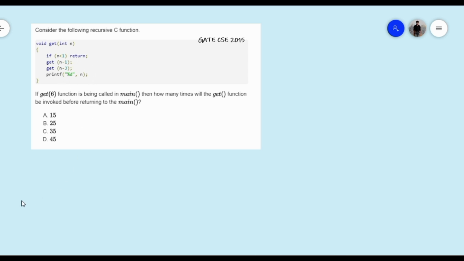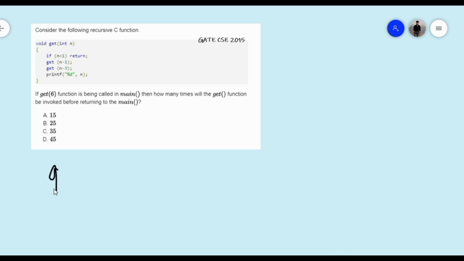Here, if n is less than 1, then return. So any value which is less than 1 will return, which means it will be invoked only one time. Suppose we have invoked it for g of -1.